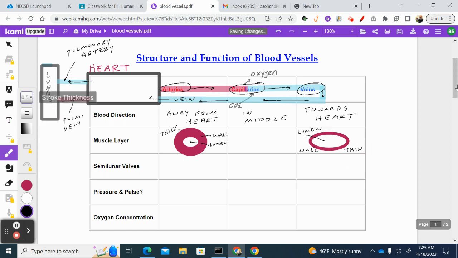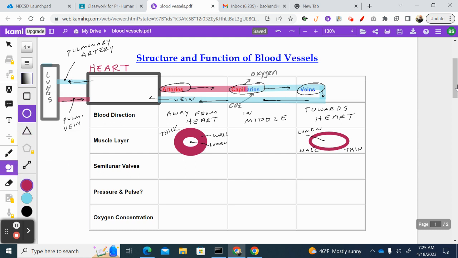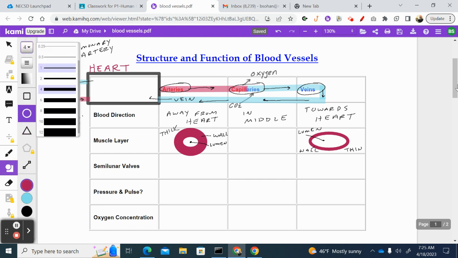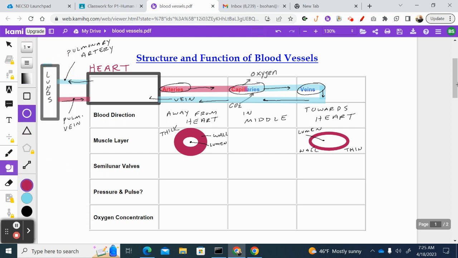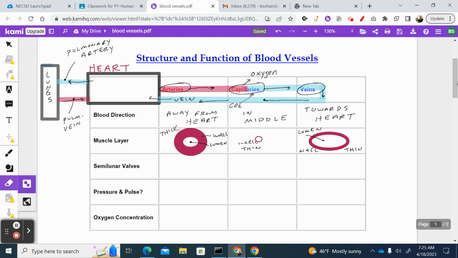But when I draw a capillary, well, we're talking about something that's going to be like that. Thinnest. One cell thin. Actually, I'm going to write that. One cell thin.